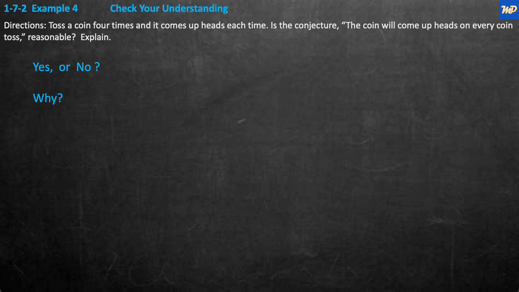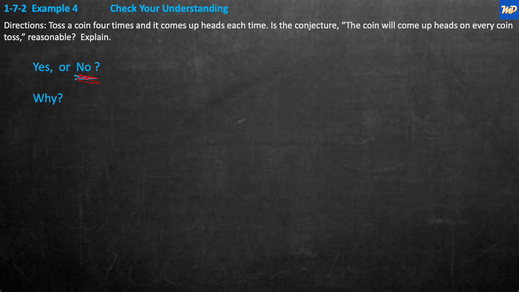So is the conjecture that it'll come up every time reasonable? And the answer there has to be no, it's not reasonable. I'll even do that in red. It is not reasonable for it to come up. Why? Well, if it's an honest coin, then the odds are 1 in 2. So it has to come up over the long haul 50% of the time.